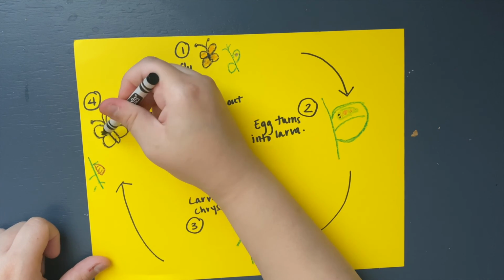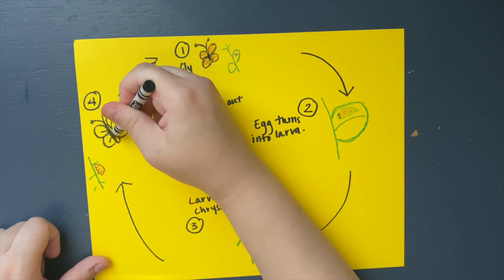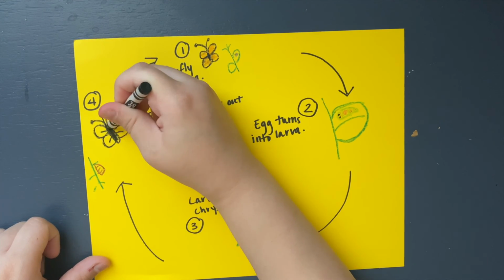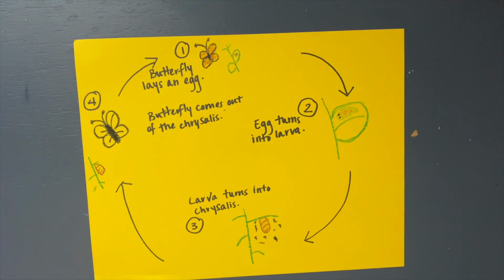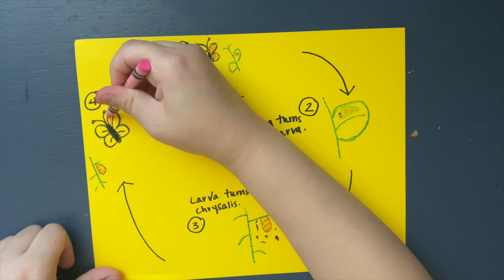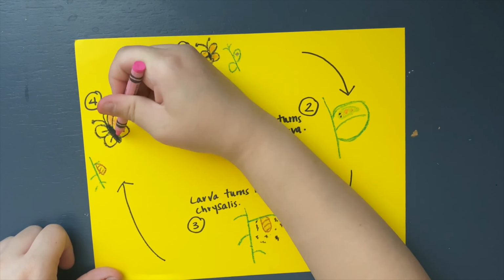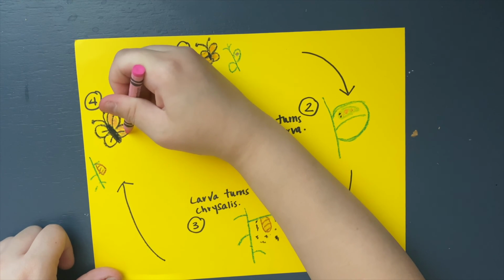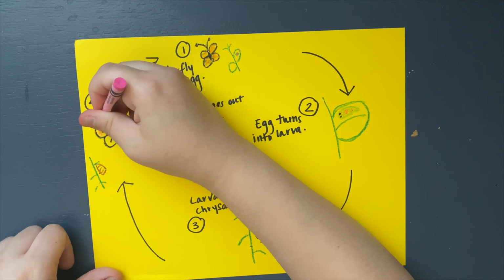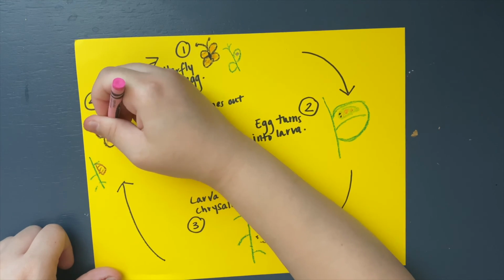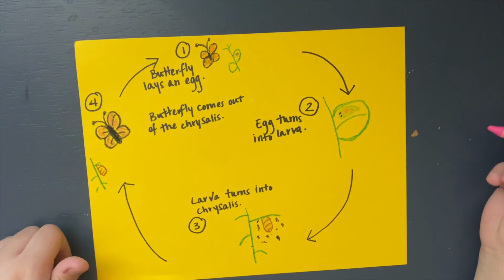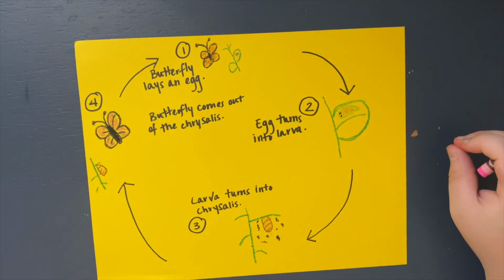It can be any color. I'm gonna make mine have a black middle part, and I'm gonna make mine pink. There's many different kinds of butterflies, but all of them go through the same life cycle, which is these 4 steps. So there's the butterfly, and that is the butterfly cycle.